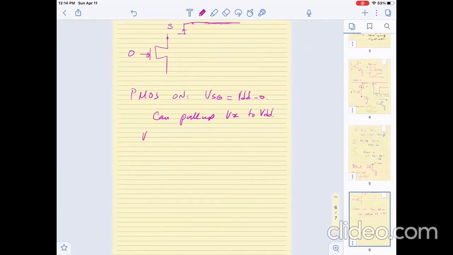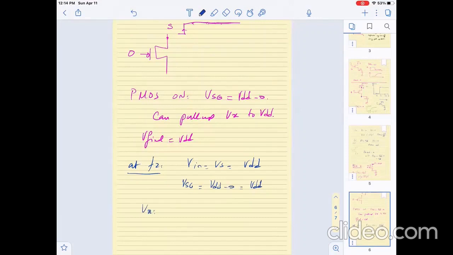Now, since I know that V final is equal to VDD, I can calculate at T2. I know that Vn, which is Vs, will be VDD, and therefore Vsg will be VDD minus 0, which equals VDD.